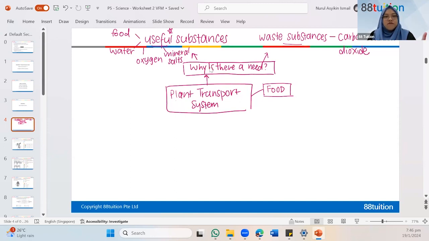There are so many types of food. What is the name of the food that the plant makes during photosynthesis? Cannot be they make burger, right? Cannot, right? So what food do plants make during photosynthesis? I give you a clue, it starts with S.